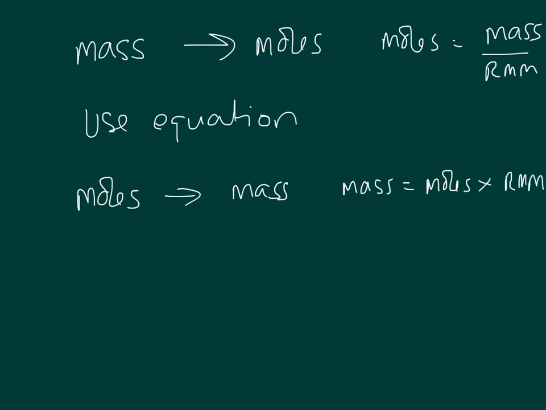Okay, so the only bit here that is remotely tricky is using the equation, and you just use the numbers in the equation to work out how many times we need to multiply the moles of the reactant to convert into the moles of the product.